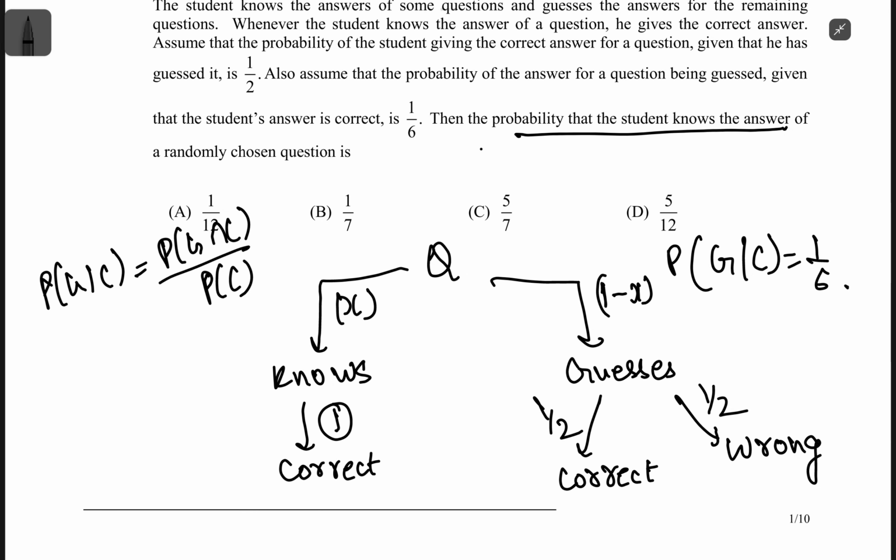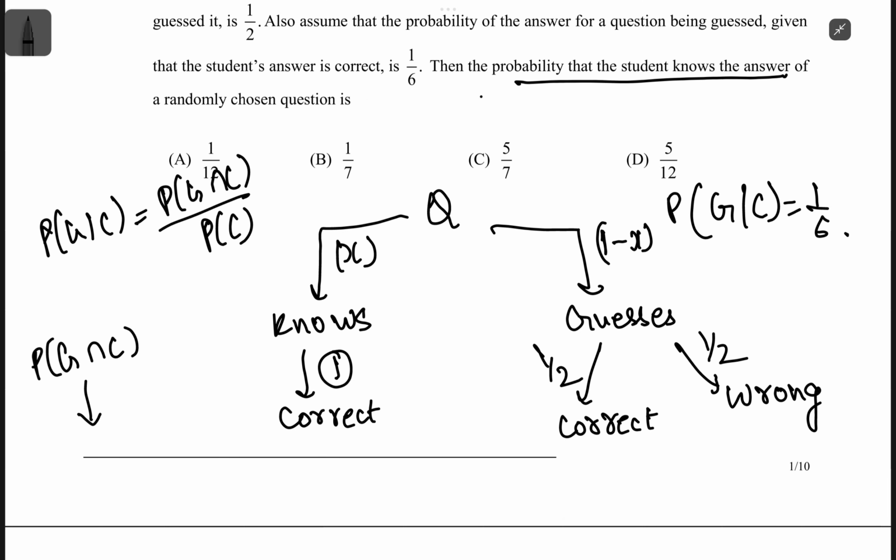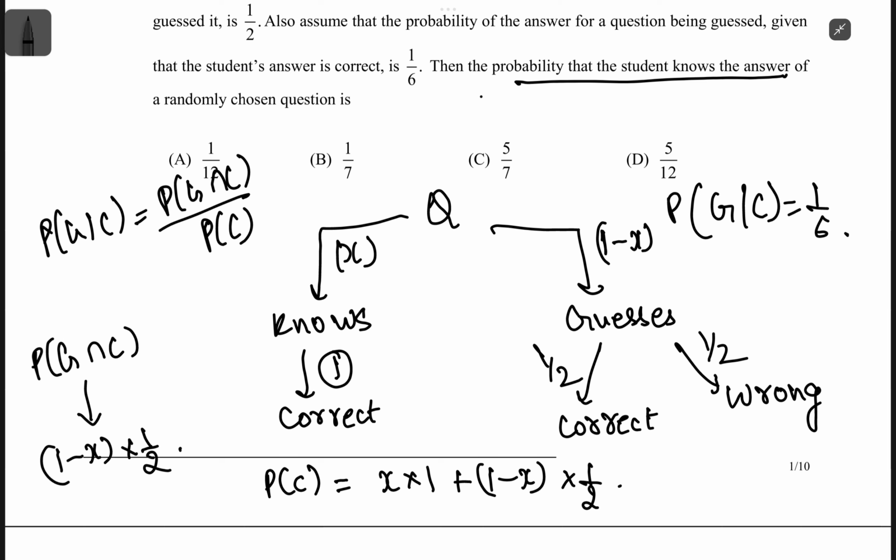So this would be our case. To find probability of guessing and also being correct at the same time, the and case would translate to 1 minus x times half, right? And the probability of being correct would be x times 1 plus 1 minus x times half, right?